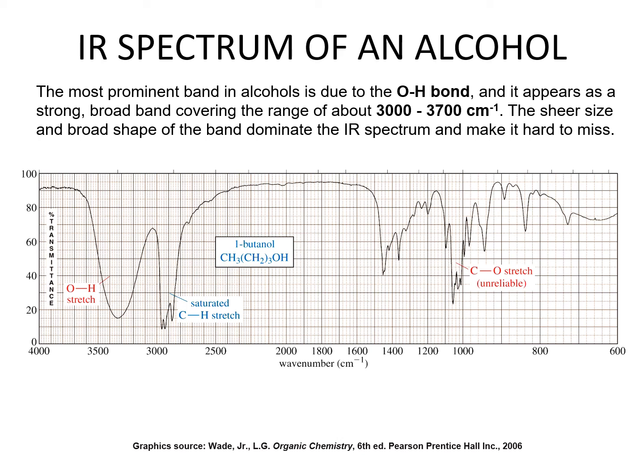Okay, normally this broad band, if you measure at the tip, will be around 3300, but because it's a broad band, if you measure from the base of the peak, it will be from 3000 to 3700.